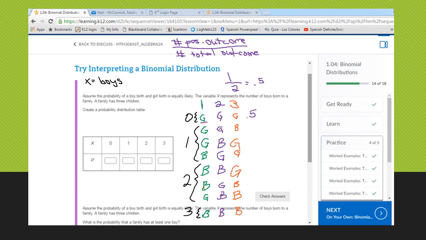Now, it's 0.5 really for all of it, right? Every single one of these here is going to have a probability of 0.5, because that's the desired outcome for this particular situation, right? You're either having one or you're having the other. So when you get each of these set up, we're actually going to multiply them together.